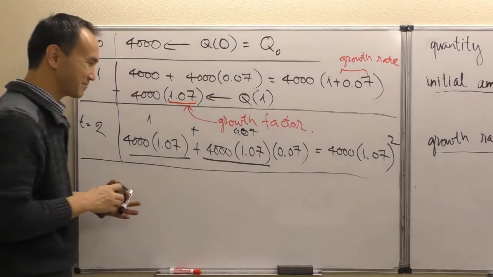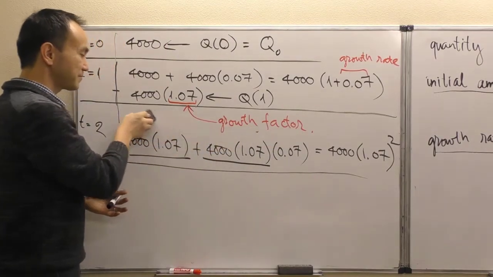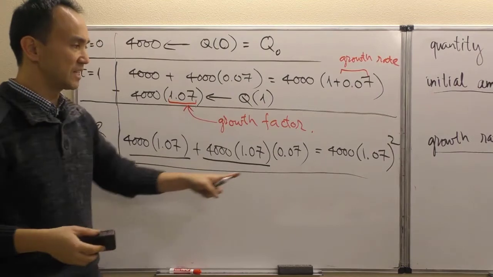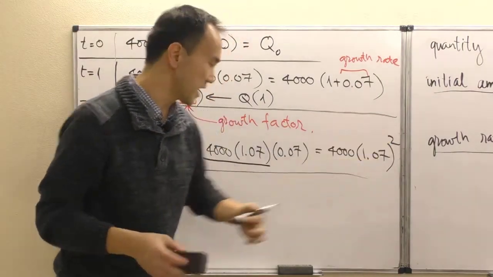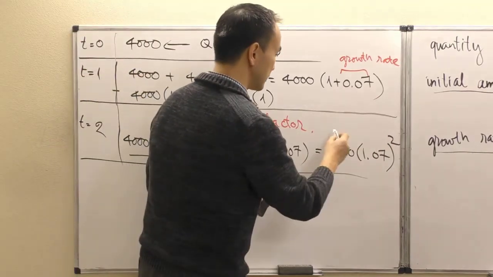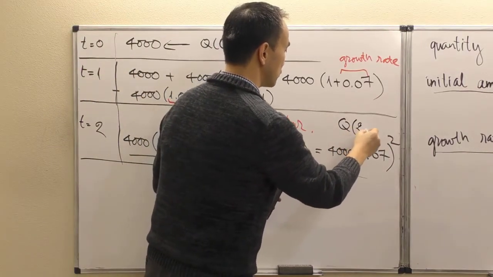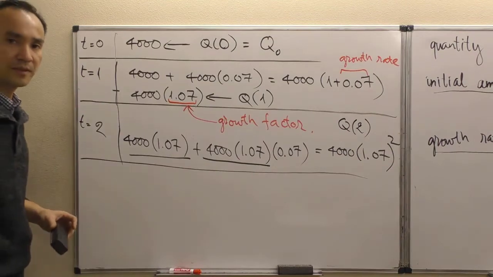There's no need to write that, and that is the reason why I have another 1.07 factor. So this is the growth factor again, being squared, and this gives me Q of 2.